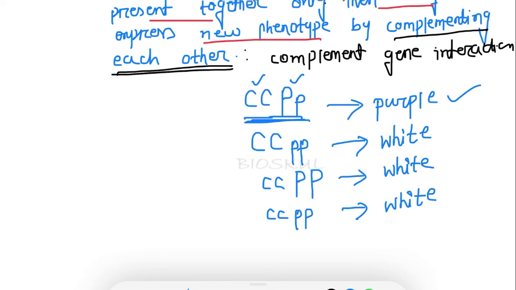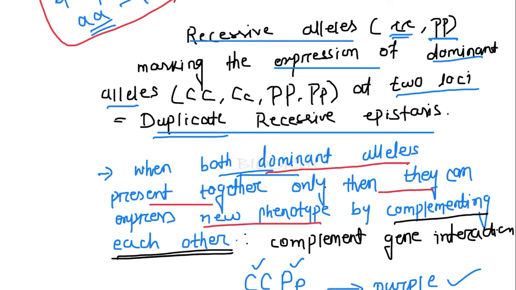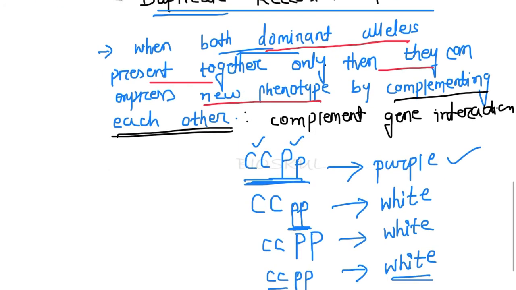Because here the recessive alleles of both the genes produce a similar type of phenotype. That's why it is called duplicate gene. I have explained that if the recessive form of one gene, small p, is present, then it will mask the expression of the dominant allele, capital C, and it will result in white color flower.